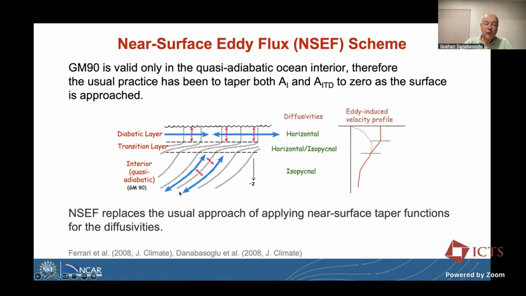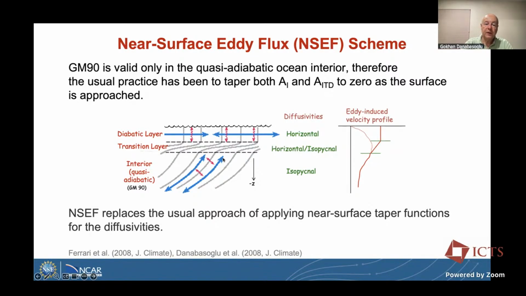And in the 2008 timeframe, in collaboration with a few other collaborators, we developed and implemented this near-surface eddy flux scheme. The idea behind it is that near the ocean surface, the mixing occurs across density surfaces. This is a schematic. The gray shading is indicating isopycnals. So in the ocean interior, we have these isopycnals, and the main mixing is occurring along the isopycnals, shown by thick blue lines.